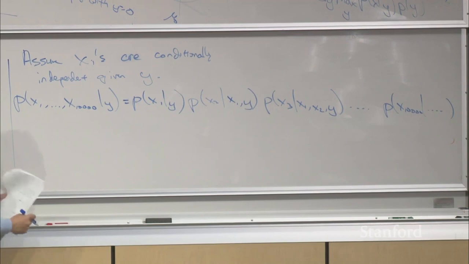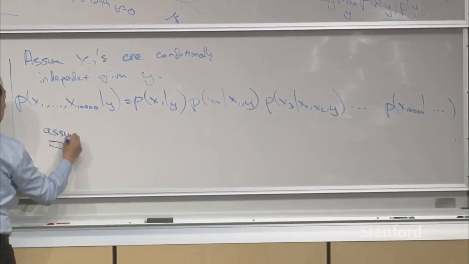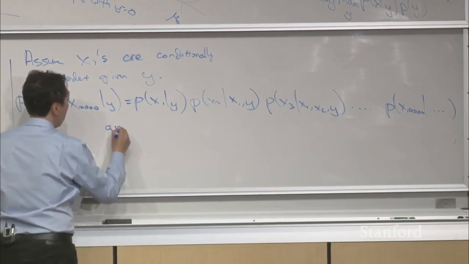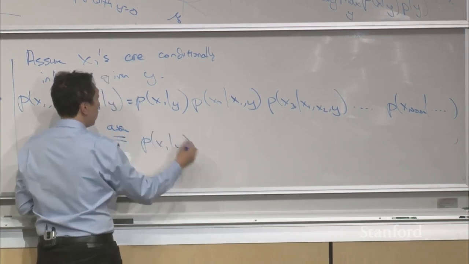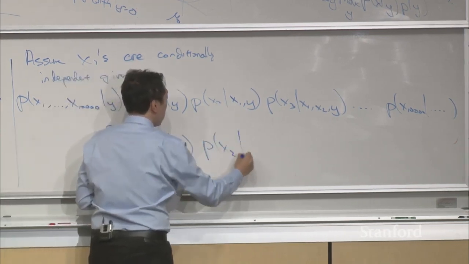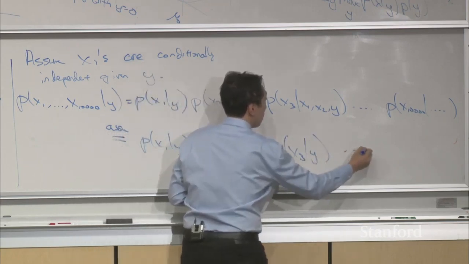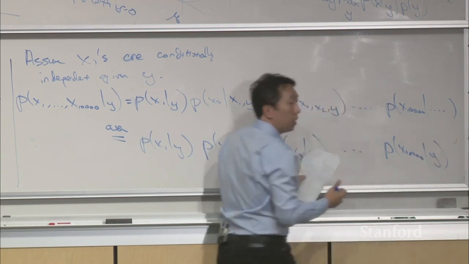And what we're going to assume is that this is equal to the first term, no change, but then p of x_2 given y, p of x_3 given y, times dot dot dot, p of x_10,000 given y.